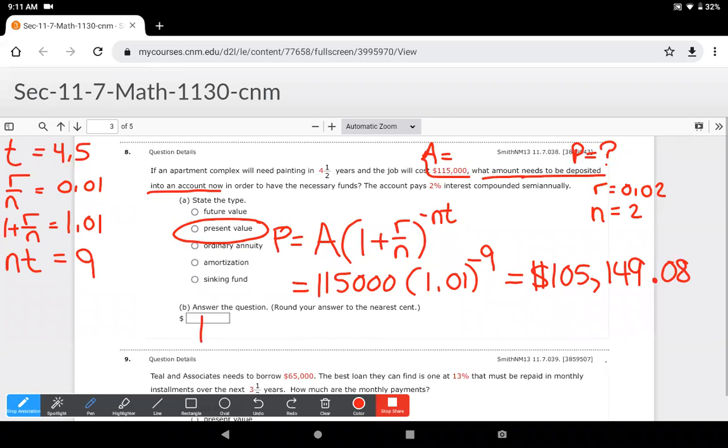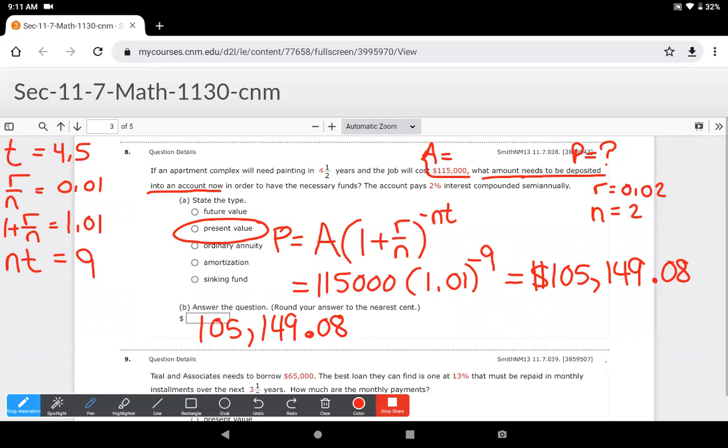So we need to deposit $105,149.08 into the account so that we have enough to paint the complex in 4.5 years.